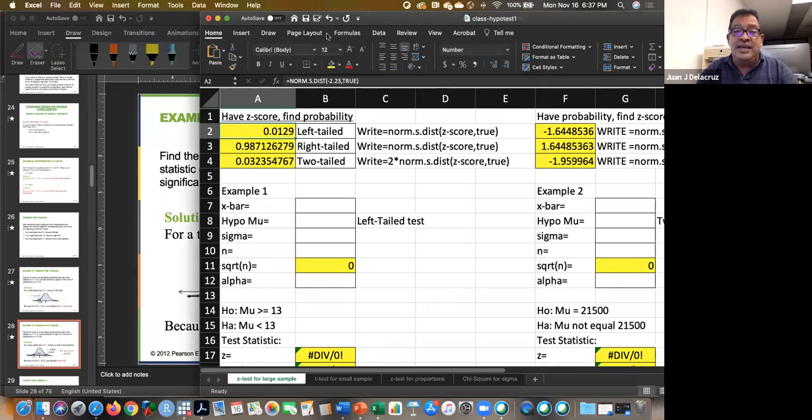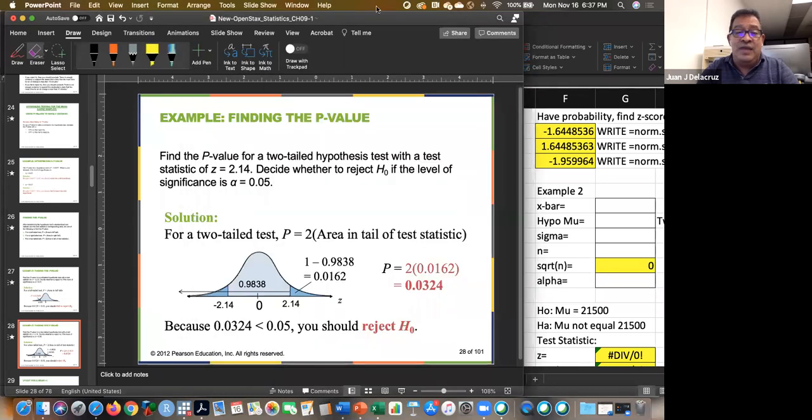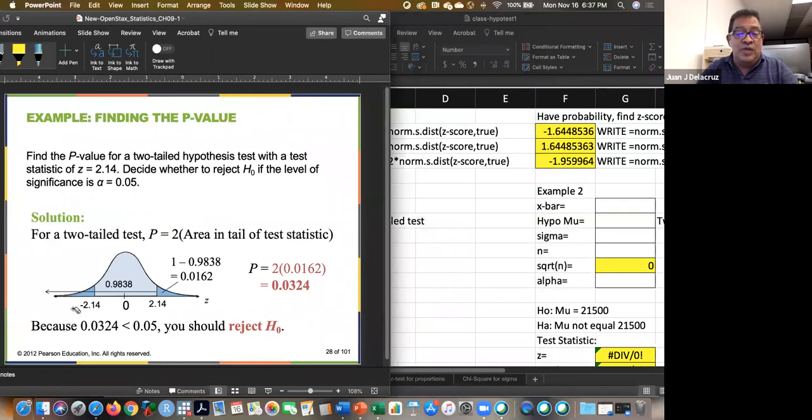Basically, we have a two-tail test, so because we are dividing the area under the curve, we have two tails. The critical value of the left tail is minus 2.14, and because it's symmetric, we have 2.14 on the right side.